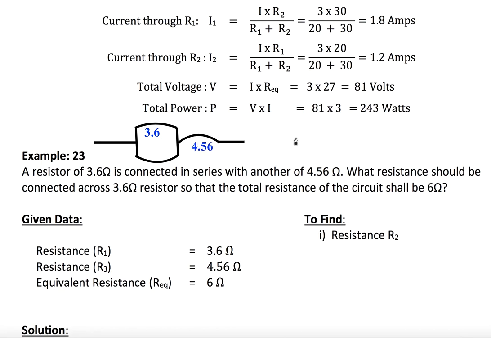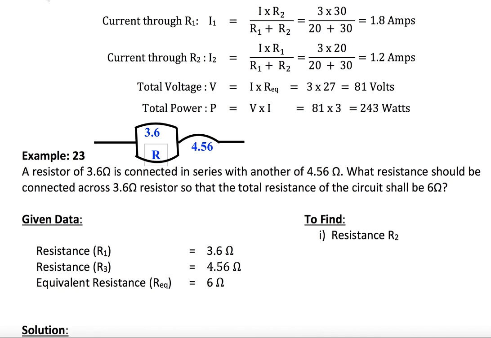So what resistance should be connected? Let's say this is R, so that the total resistance of the circuit shall be 6 ohms. These equivalent plus 4.56 must be equal to 6, or otherwise this equivalent must be 6 minus 4.56.